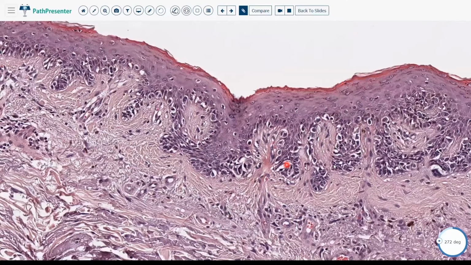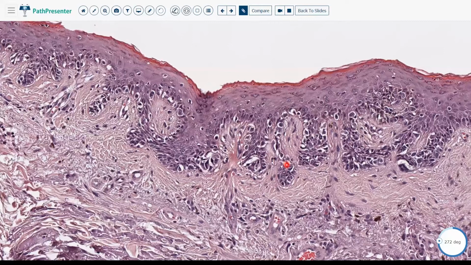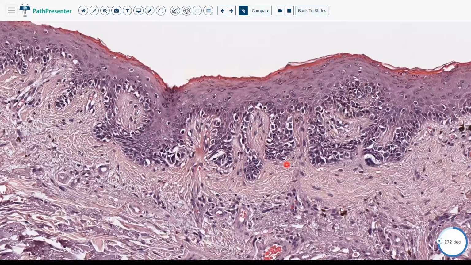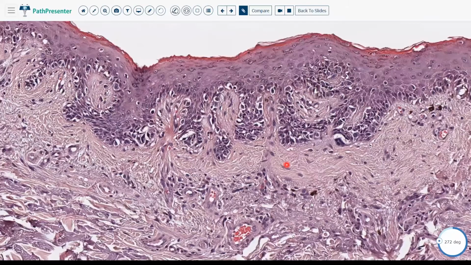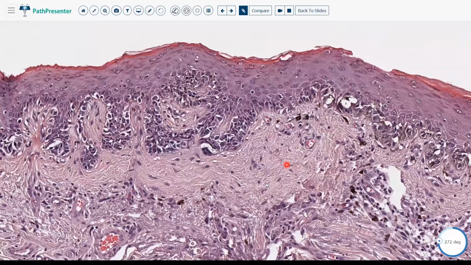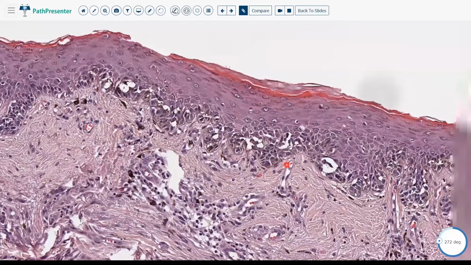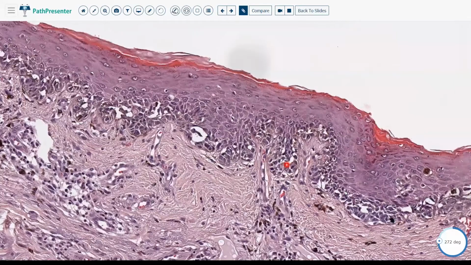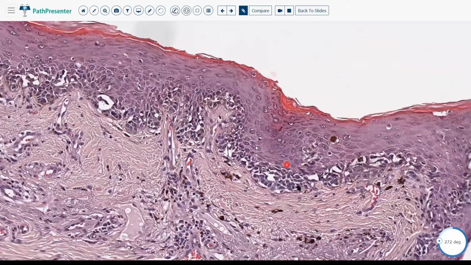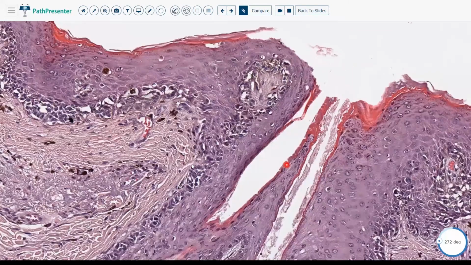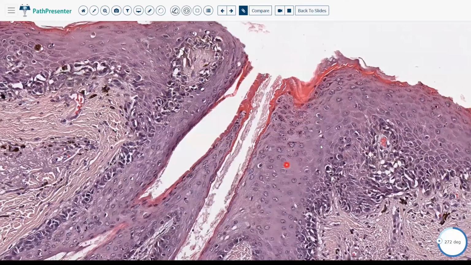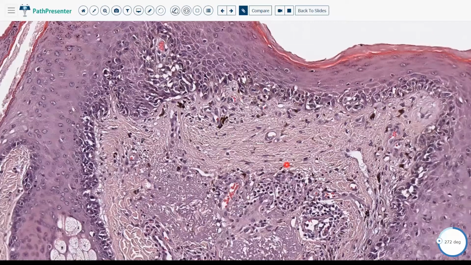Most of the action is really taking place at the junction, hardly anything in the dermis, maybe some pigment incontinence here, some melanophages. But I am carrying on, going all the way to the other side, and you can see again confluent proliferations, very confluent in these areas, again extension along the adnexal structures. So just bear with me. See how long this lesion is.